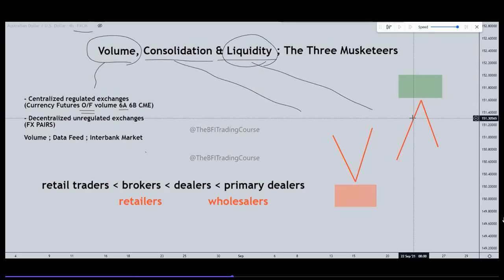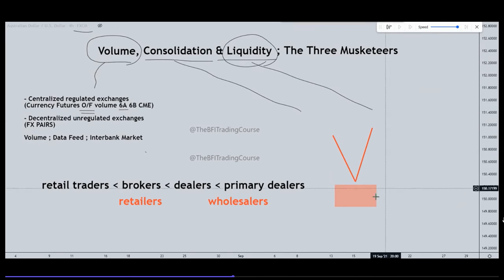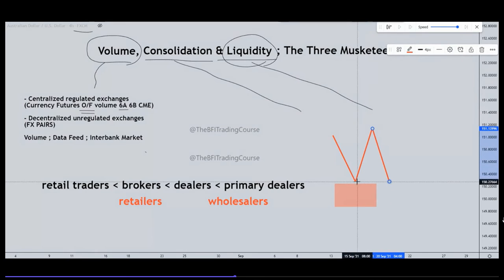So here's the point. There's liquidity below this low. Now let's imagine this came down again here and almost perfectly it made another U-turn, which I like to call a swing point, which is not one candle but multiple.